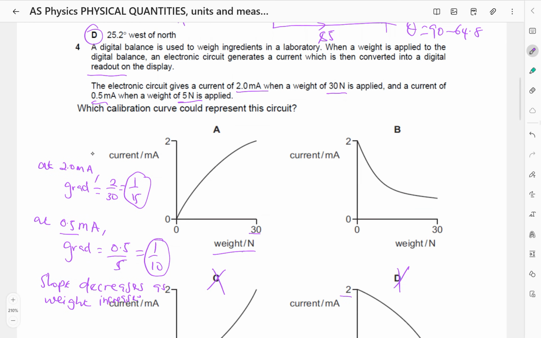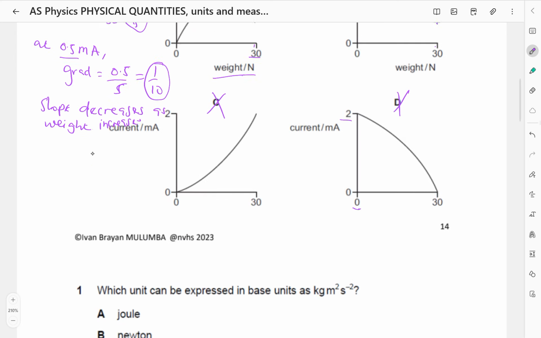Then B is showing that the slope is decreasing, but it is showing that when the weight is 30, the current is not 2 as given in the question, so this one is wrong. So the answer is going to be A. You notice that when the weight is 30, the current is 2, and the slope is decreasing. So this makes our answer A, because the gradient is decreasing and should be decreasing.